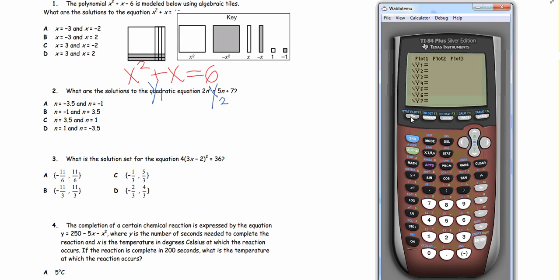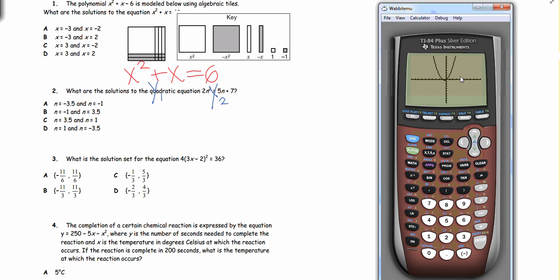So first thing to do is put in our x, of course, x squared plus x. We always start off by looking at the graph using zoom number 6, and that gives us a regular window.